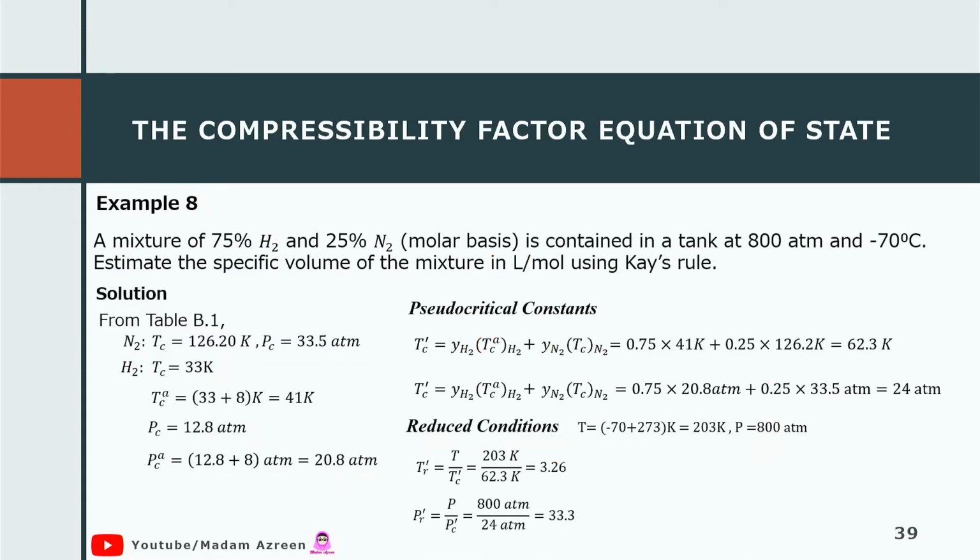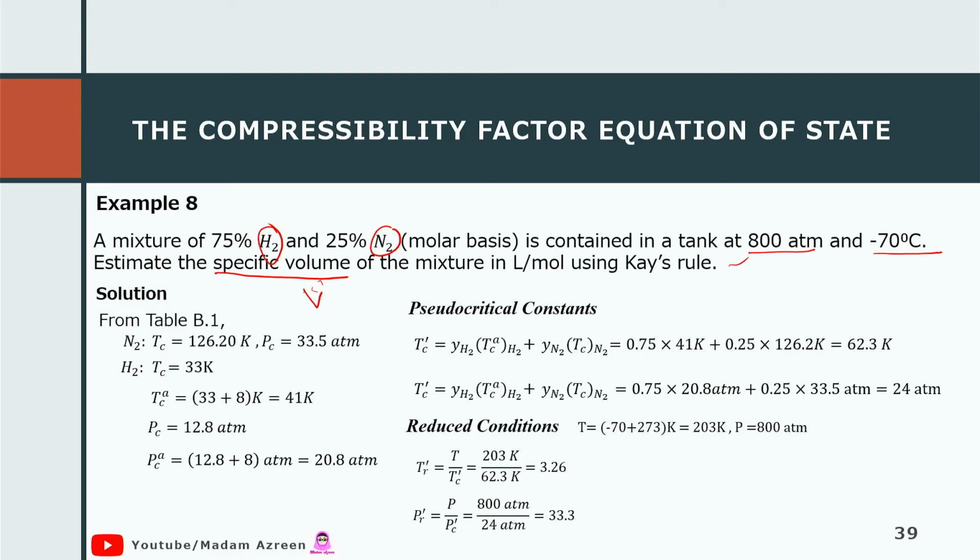In this example, we have a mixture of hydrogen and nitrogen contained in a tank at this pressure and temperature. So we have to estimate the specific volume, which is V, for this mixture using Kay's rule.